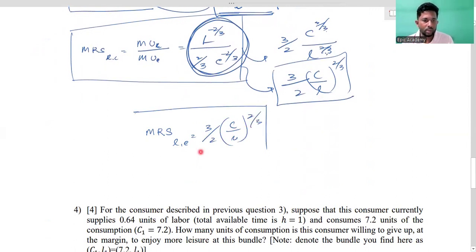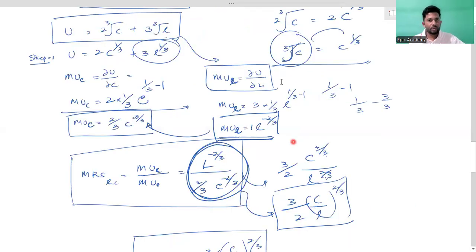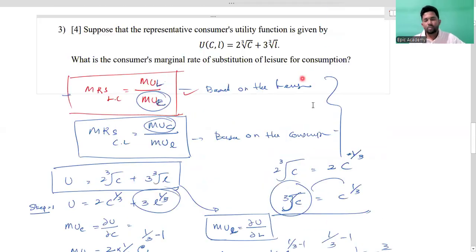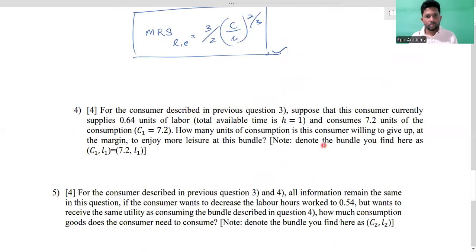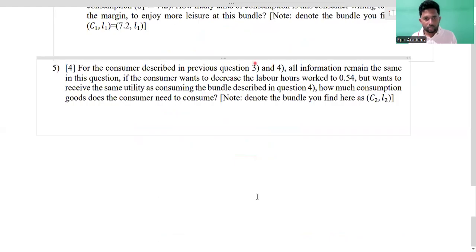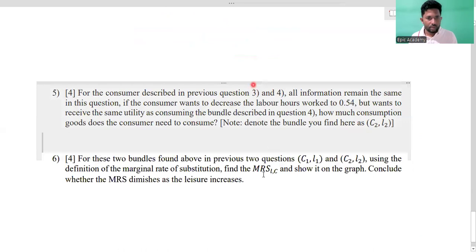So this is the methodology we identified as the marginal rate of substitution based on the value of leisure for consumption. Already completed that one. Are you okay with this one? Yes, I understood. Okay. Let's move to the fourth one.